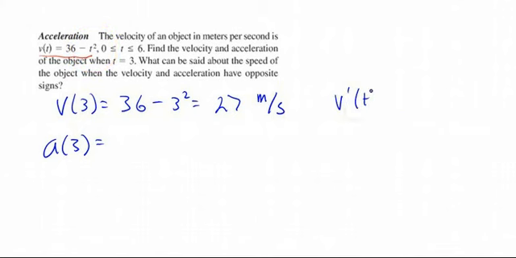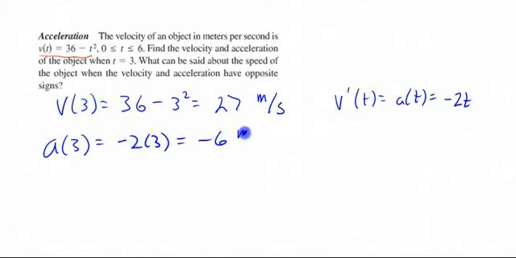So v prime of t is a of t, which is negative 2t. So a of 3 is going to be negative 2 times 3, which is negative 6 meters per second squared.